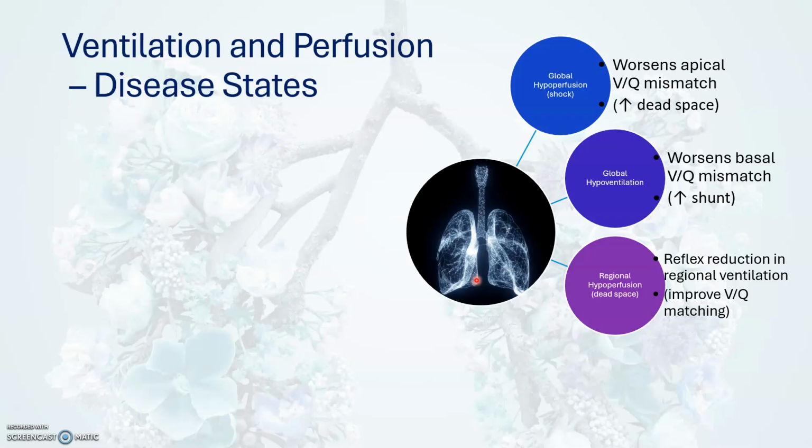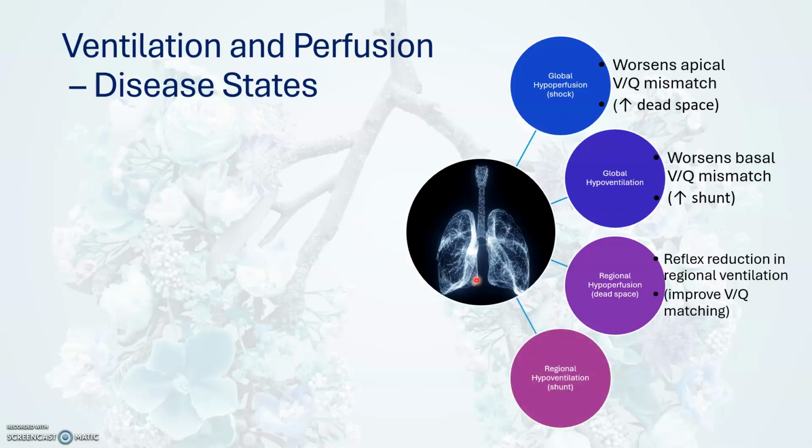This is an attempt by the body to match ventilation and perfusion. In fact, it's more efficient for the body to shut down areas of hypoperfusion and not ventilate them, because that's already wasted ventilation, and that does happen through these mechanisms of bronchospasm and atelectasis. We'll see in the next lecture how that affects us then providing mechanical ventilation in this situation.